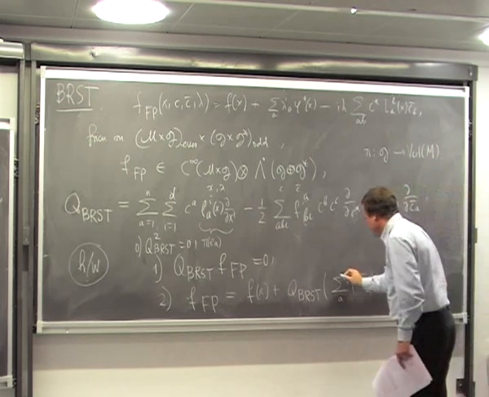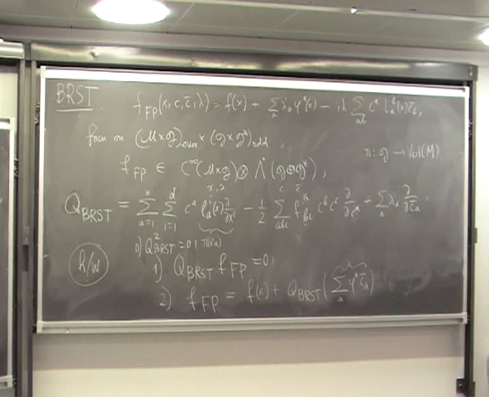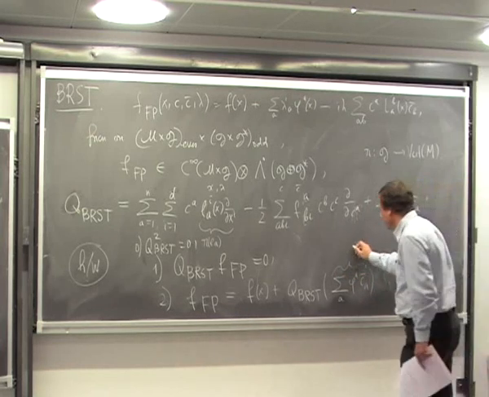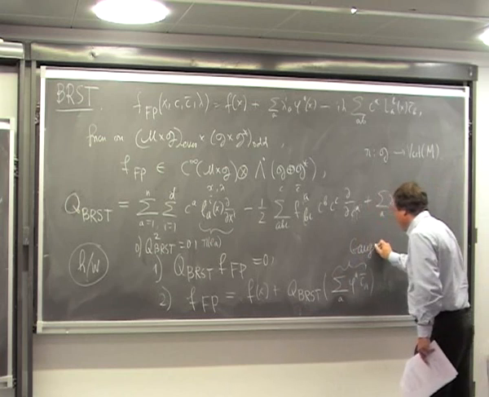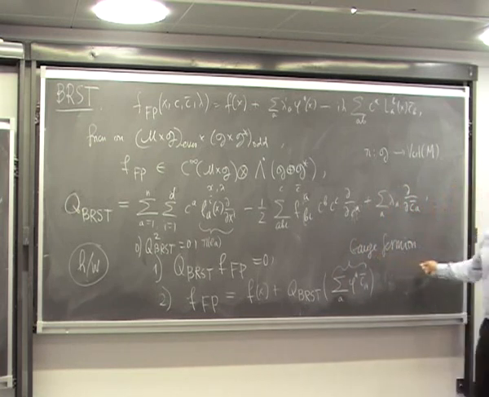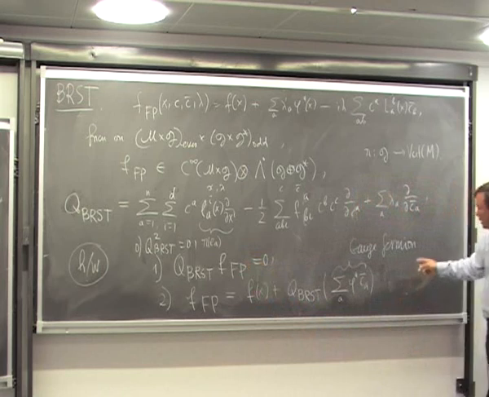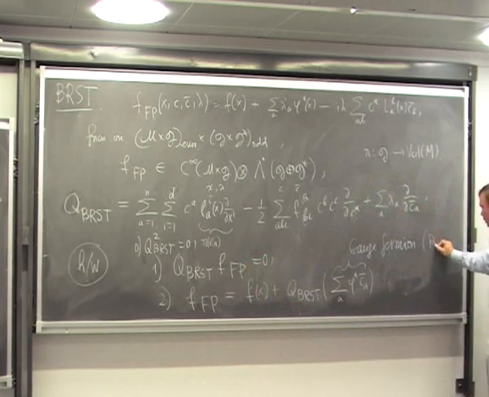Okay, so this expression is sometimes called gauge Fermi. And as soon as we start to use this terminology, it's a step towards the Batalin-Vilkovisky quantization. So this is part of the terminology of the BV area.